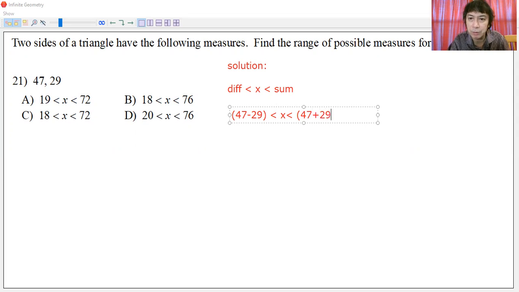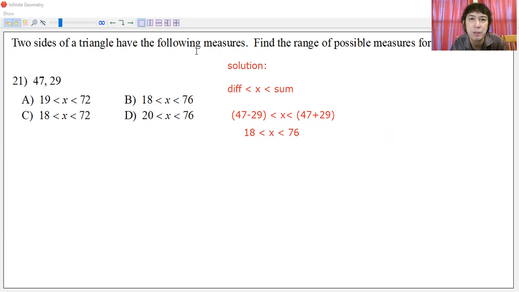Okay, and then we shall get the difference, and the difference here is 18, and the sum is about 76. Okay, that's 47 plus 29, so that's 76.